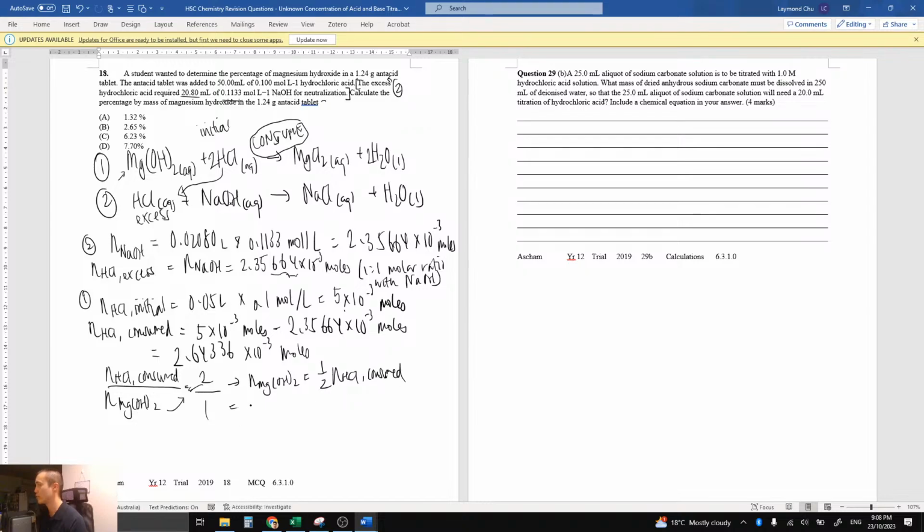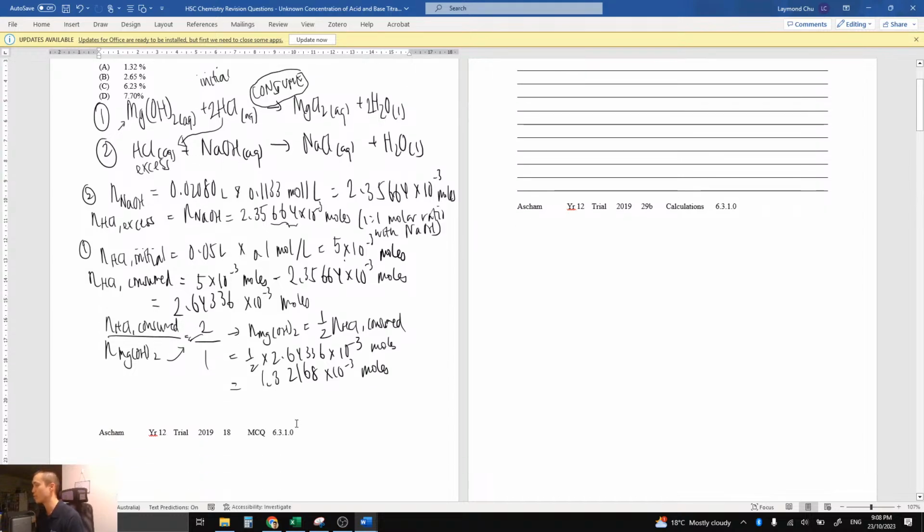And that equals half of that number, which is 1.32168 times 10 to the negative 3 moles. Cool, so that's the moles. How do I get the mass? Okay, two more steps, bear with me.